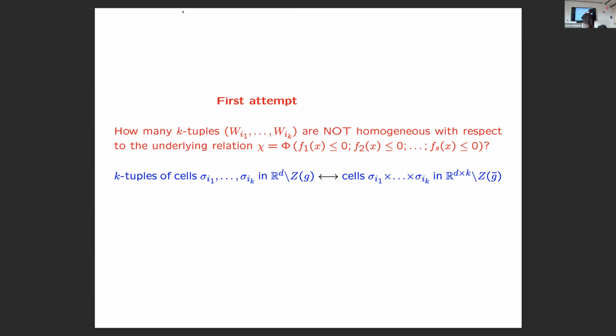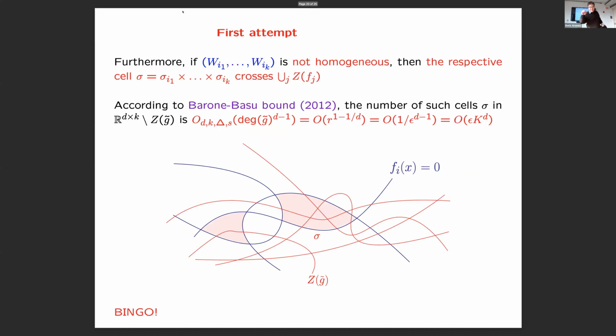So you want to answer the question how many k-tuples are not regular, are not homogeneous, and you notice that k-tuples of cells in the original partition by the polynomial g in the d-space correspond to cells in the partitioning of the d times k dimensional space by this polynomial that we just constructed.